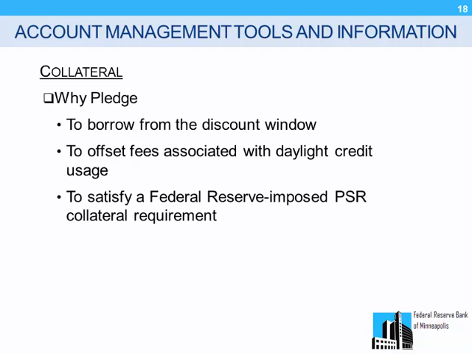The primary reason is so that you can borrow from the discount window. Another option is that you can use collateral pledged to offset any fees you might incur that are associated with daylight overdraft usage. And lastly, the Federal Reserve may impose a collateral requirement on an institution, and the reasons for that could vary from institution to institution.